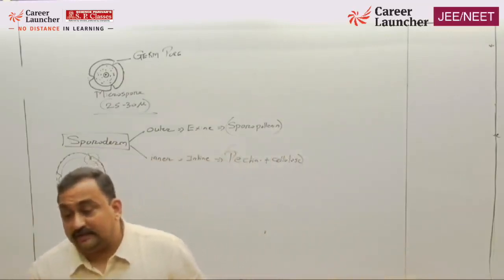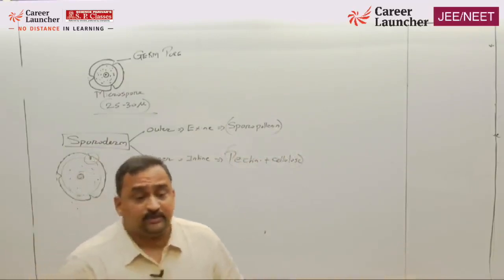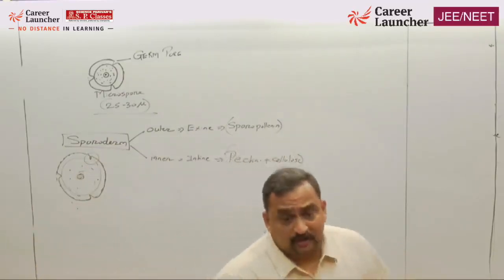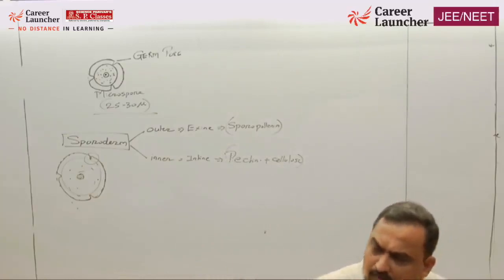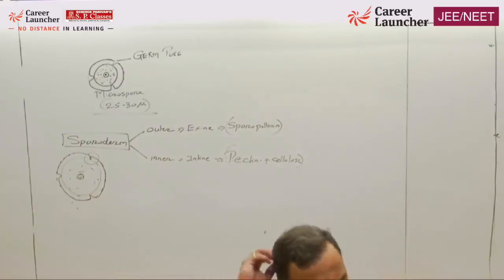How many germ pores in monocots? One. That is why uniporate. And dicots have many, that is why multiporate.